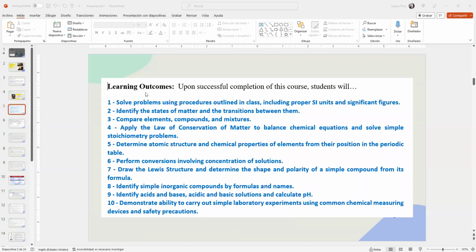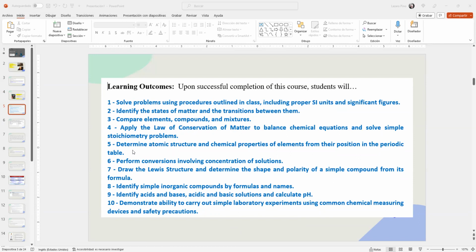What are the learning outcomes? Well, you're going to learn how to solve problems. You're going to learn how to use the international system. Also, you will identify states of matter and the transitions between them, compare elements, compounds, mixtures, apply the law of conservation of matter to balance chemical equations and to do stoichiometric problems.